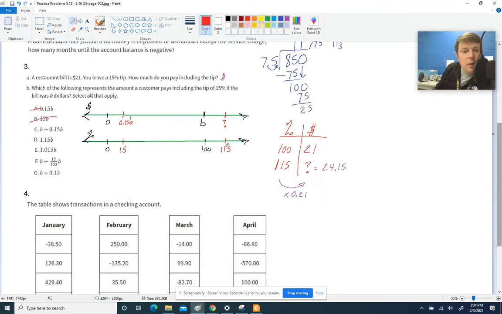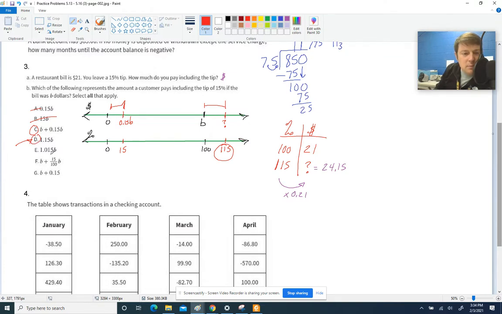No. But what it is, B plus this extra section right here, is equivalent to this extra section right here. It's like adding an extra 15% to the whole B. So that is one that we could pick. Now, this one I think makes sense because of this number. It's 115% of B. So that one would be making sense.